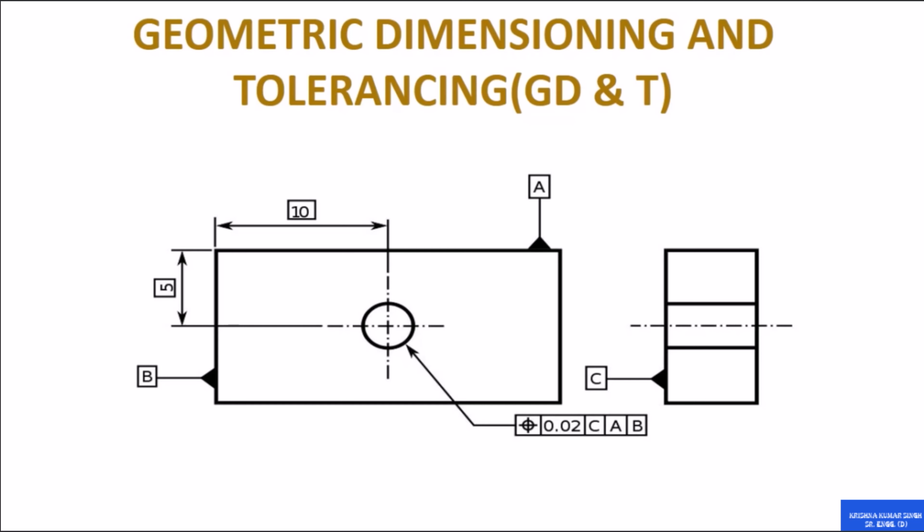So let's talk about the geometric dimensions and tolerances. Here you can see that we have the frame in which we have this positioning symbol. This is a tolerance for position, and the datums A and B are respectively taken from over here and here. So that frame means the position of that circle, that particular circular area, should be toleranced to 0.02, not more than that, with respect to these darkened planes.